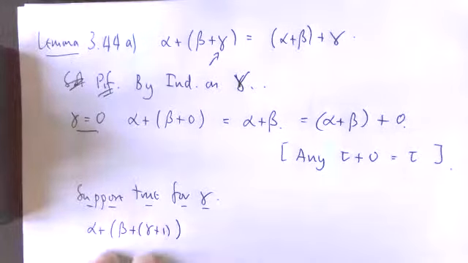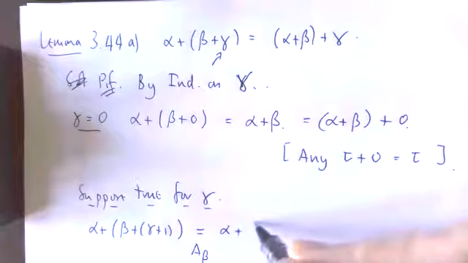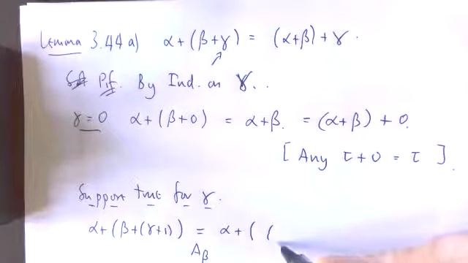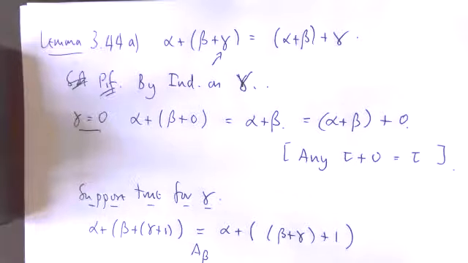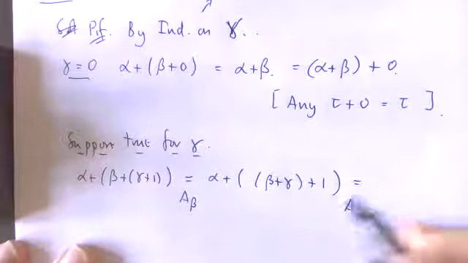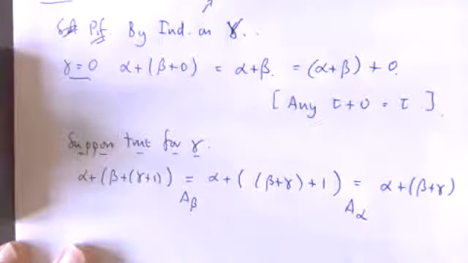So basically I take what I want and I try and massage it to look like the thing on the right-hand side. I look at the definition of what adding beta onto things is. And beta plus the successor of a thing is the successor of beta plus the thing. And now I've got alpha plus a successor of something. So I use the definition of adding alpha there to say alpha plus the successor of something is alpha plus the thing and the successor of that.